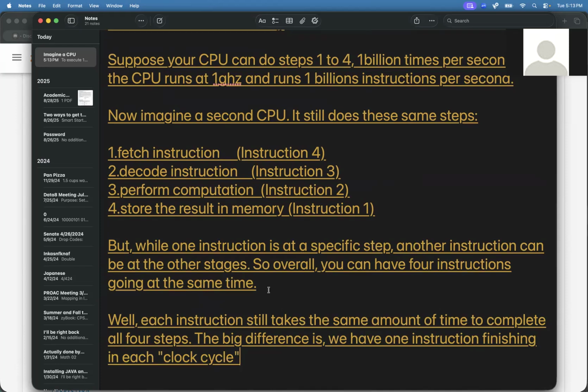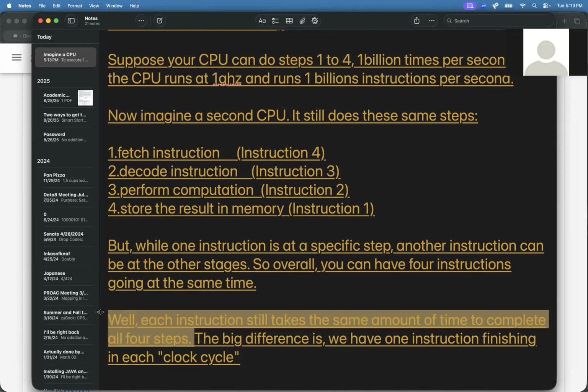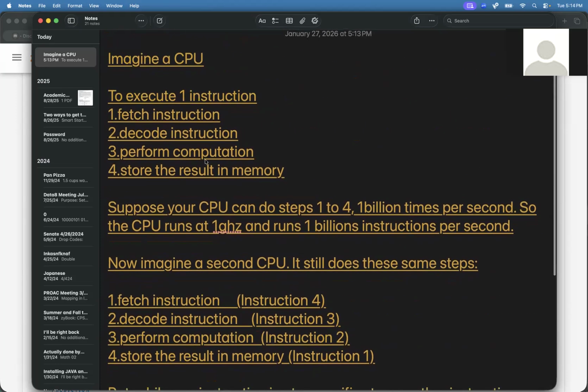Because you can have 4 instructions going at the same time. So each individual instruction takes the same amount of time to complete. But on average, the instructions are completing 4 times as fast because we're basically having 4 instructions going at the same time here. Whereas in the way we talked about it before, we only had one instruction that had to go through each step individually before we started the second instruction.